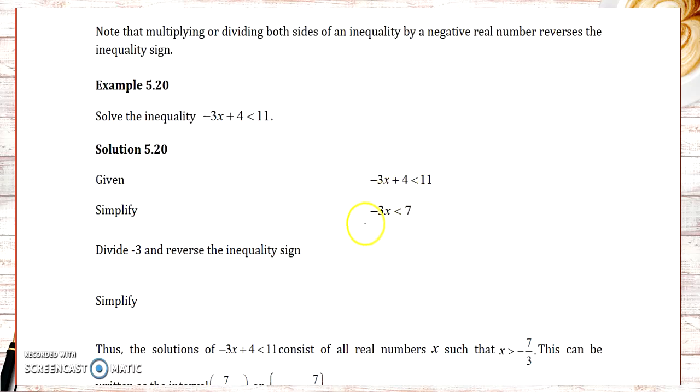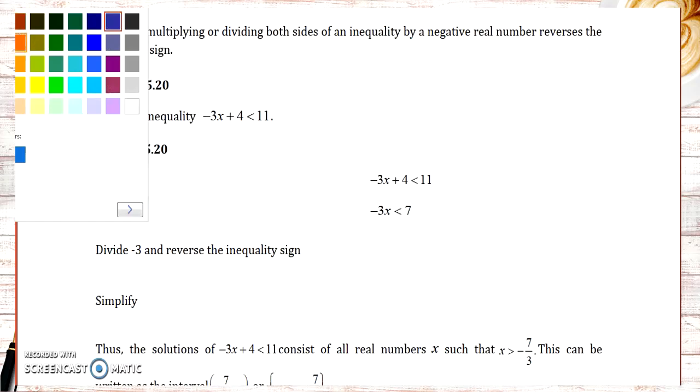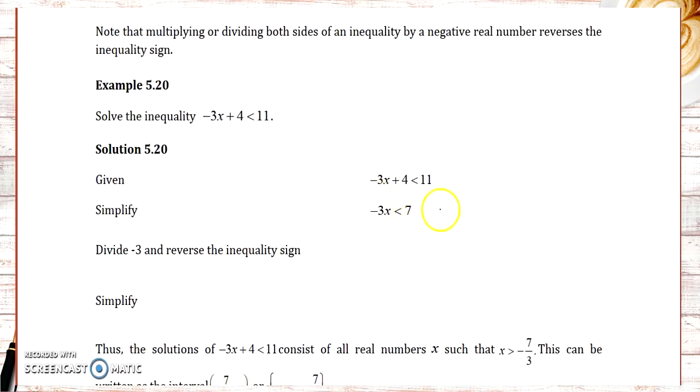So now the left hand side becomes negative 3x and the right hand side is 7. 7 comes from 11 minus 4.